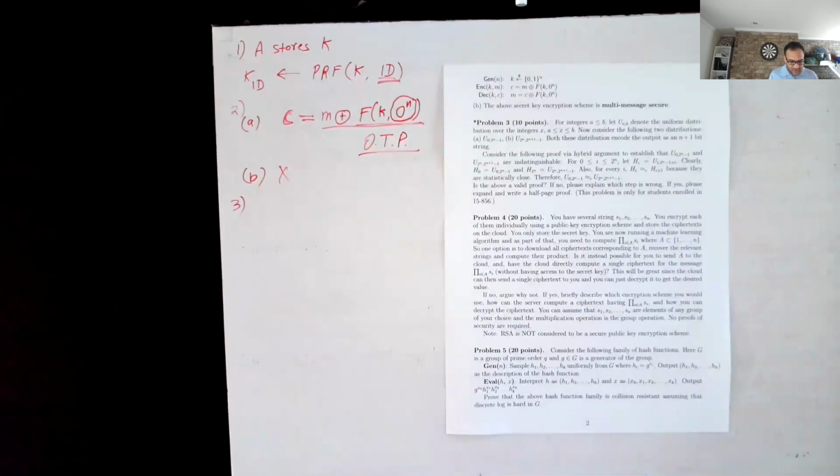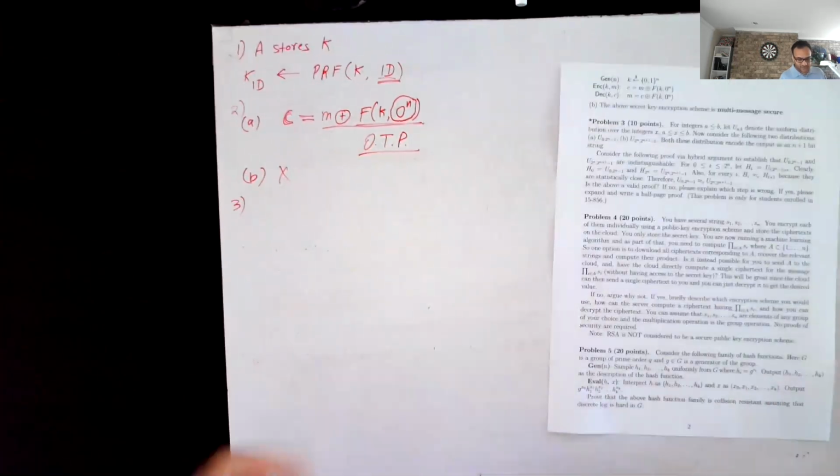But when you look at the first distribution and the last distribution, they clearly look very different. It's easy to distinguish these two distributions. So what is going on? Well, the problem here is that there's an exponential number of hybrids. The number of distributions is exponential. It's actually 2 to the power n, I believe.